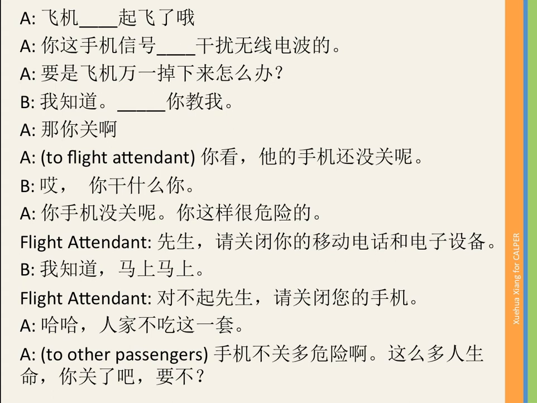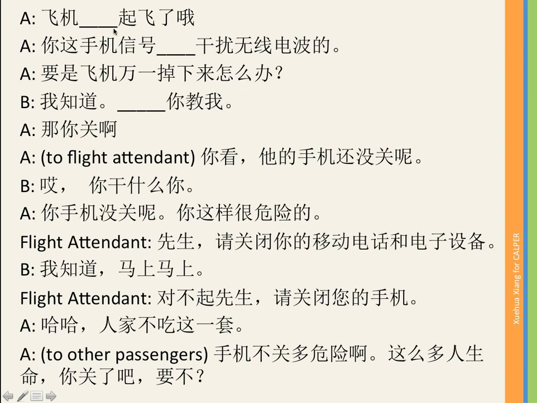So the farmer gets a little bit nervous, telling the businessman that you gotta shut down your cell phone. It's gonna interfere with the satellite, the plane signal. So this is the transcript. See if you can read them and then fill in the blanks.